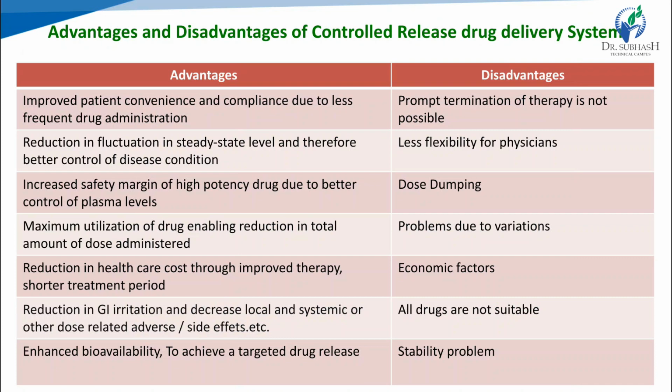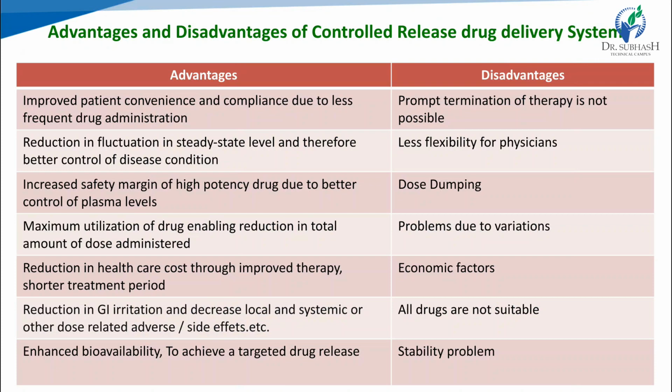There is also a reduction in GI irritation and local or systemic side effects or adverse effects, by reducing the dosing frequency and dose size, as well as going for site specific targeting, which is also helpful. In some cases it enhances the viability of the drug, and we can achieve targeted, site specific drug release.